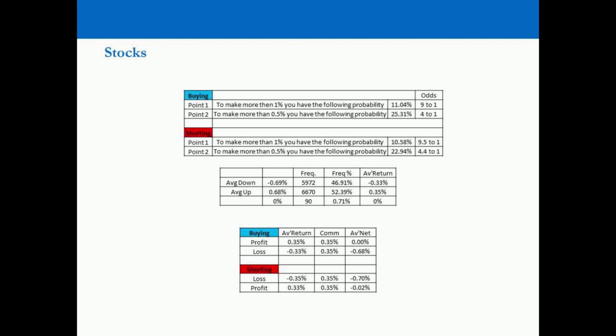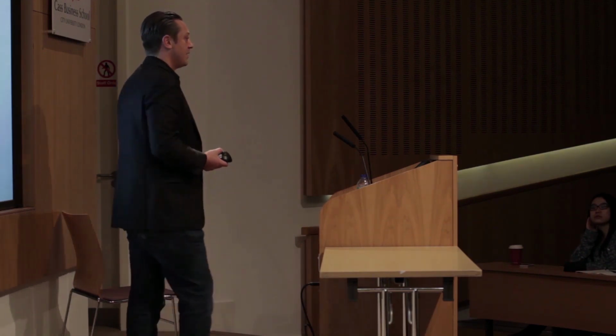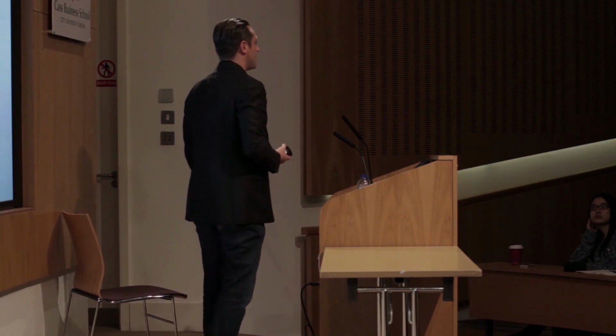It's a round trip. If you add that in, you get wiped out in all scenarios on a normal day. So on a normal day, if you pay 17.5 basis points in, 17.5 basis points out, and you tried day trading for the last 50 years, you literally had zero chance of making money.